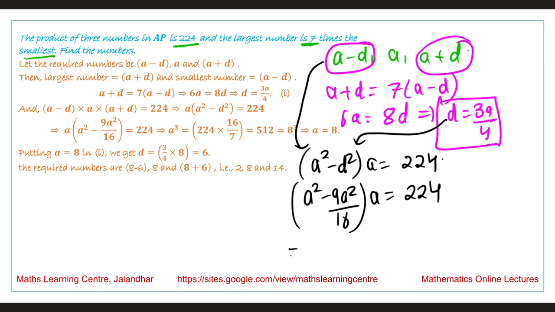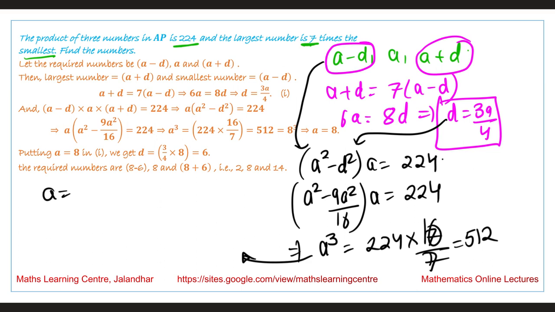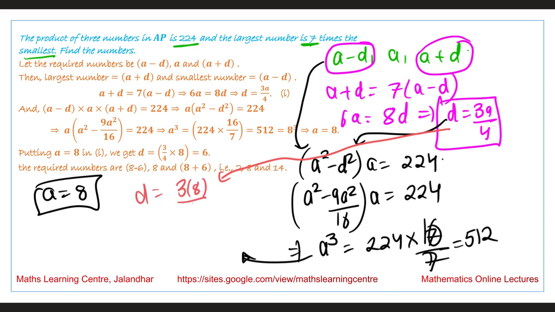So this implies that A cube is equal to 224 into 16 by 7, and on solving this we obtain 512. So the value of A is the cube root of 512, that is 8. And if we substitute this value in this equation, we obtain D is equal to 3 into 8 by 4, that is equal to 6.